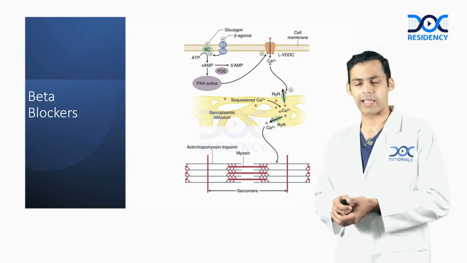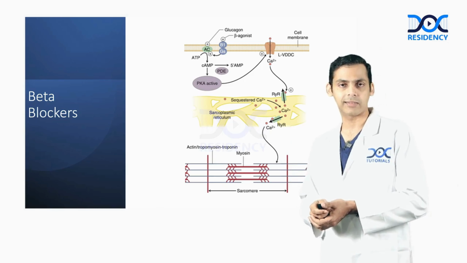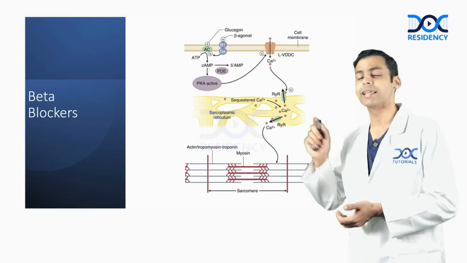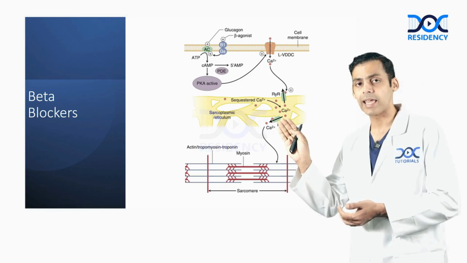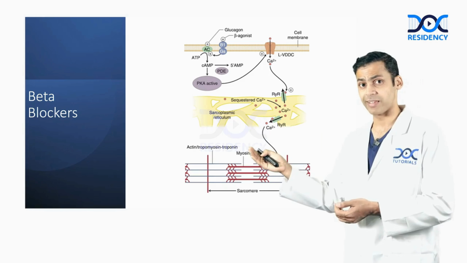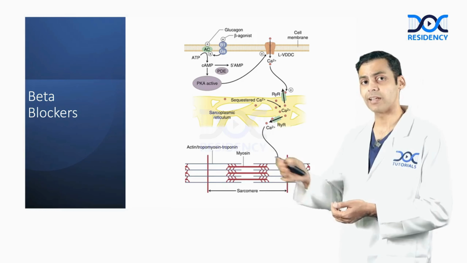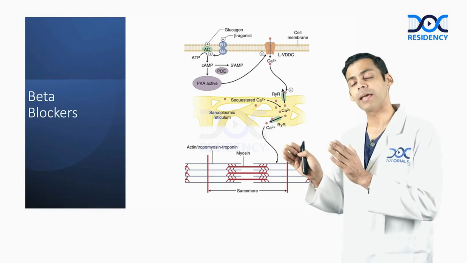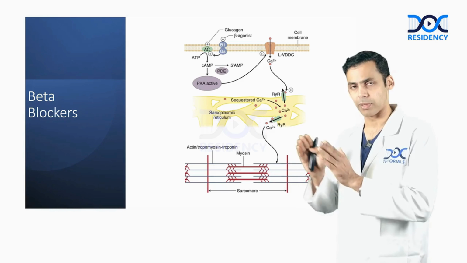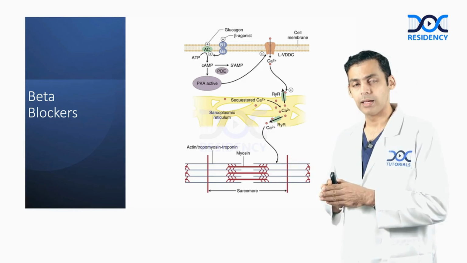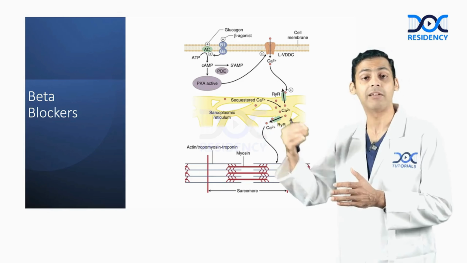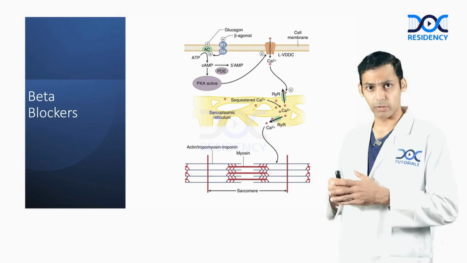Adenylate cyclase catalyzes the conversion of ATP to cyclic AMP. The cyclic AMP acts as a second messenger, which facilitates phosphorylation of the L-type calcium channels in the myocyte membrane. The stimulation of calcium channels results in a rapid influx of calcium into the myocyte.